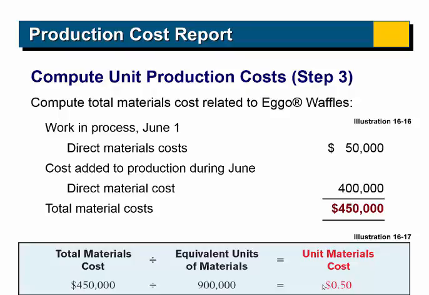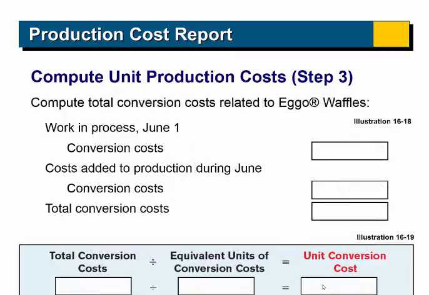And we're also going to use that 50 cents per unit to help us with calculating the WIP ending inventory value for those 200,000 units that are still here.